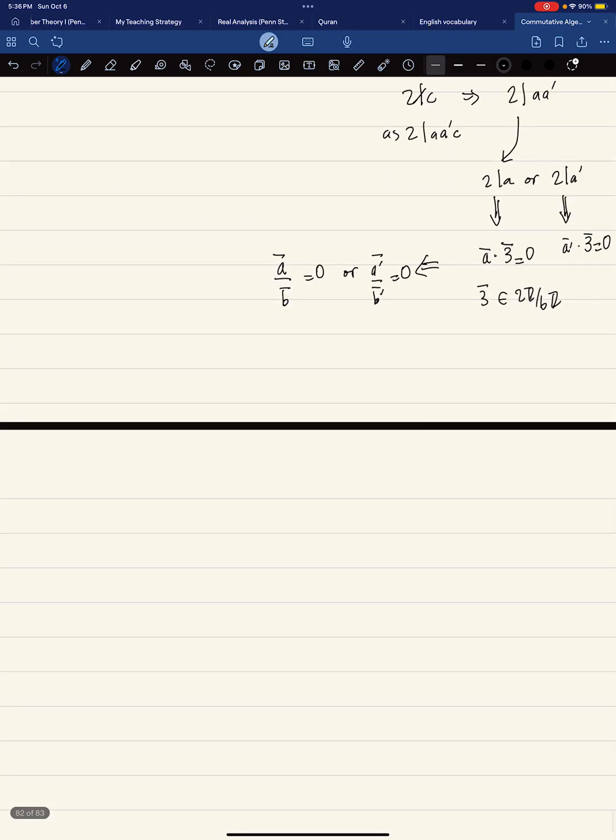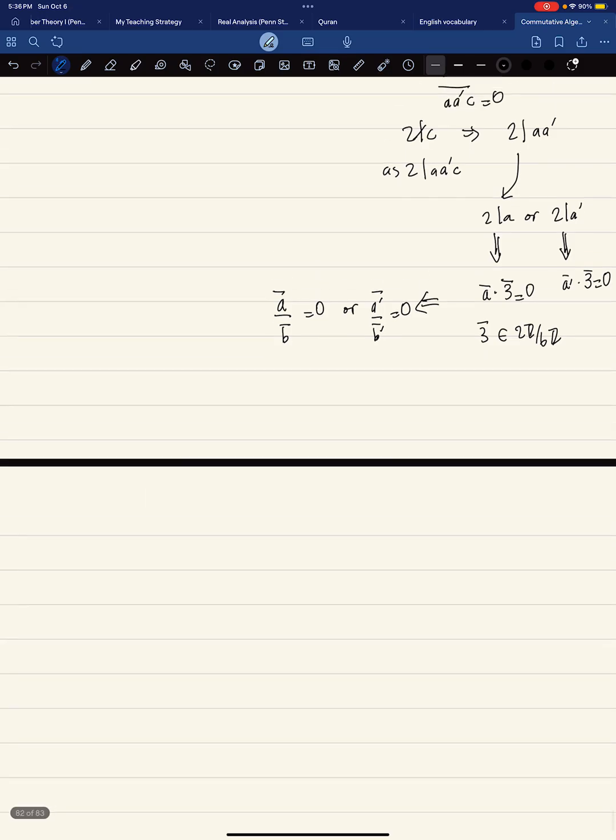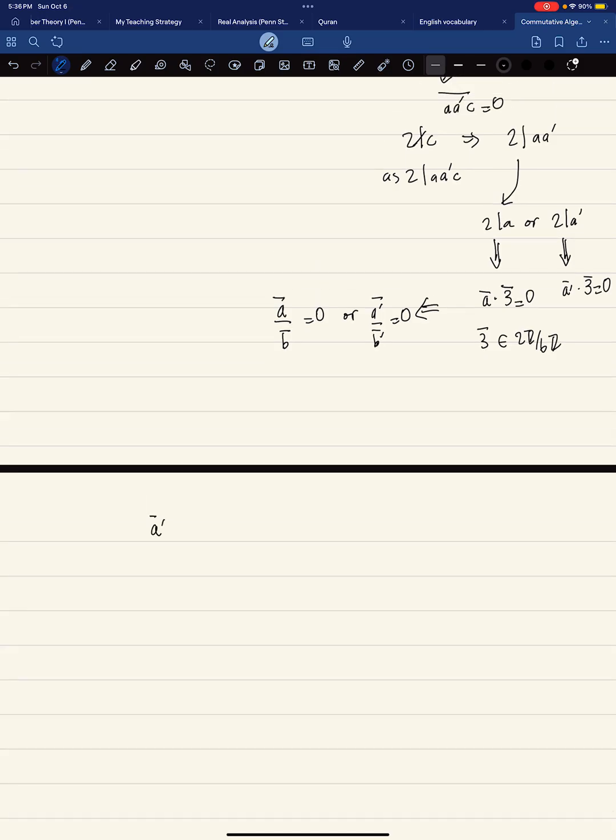Now for the other one, suppose that we have a over b times a' over b' is equal to 0 in A_P2, then a a' c is equal to 0 for some c that does not belong to P2, which means that 3 does not divide c.